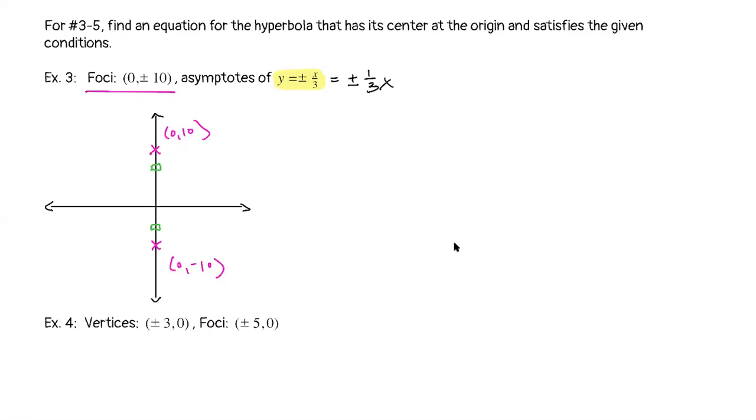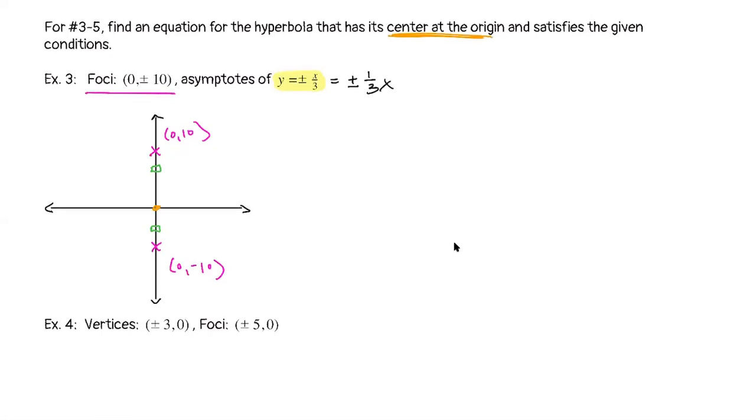They have to be closer to the center than the foci, okay? Now I know where the center is because it actually states that the center is at the origin, so I can actually fill that in. And let's make those a little bit lower.